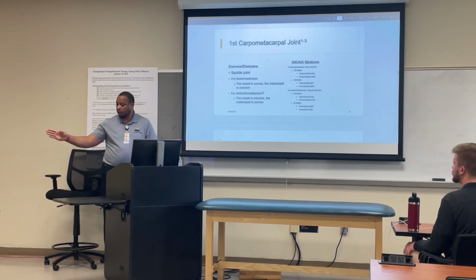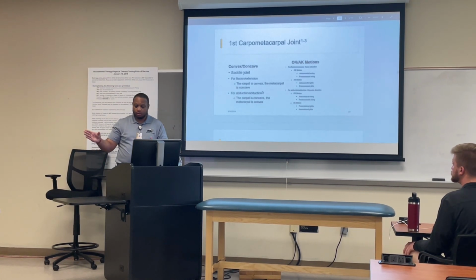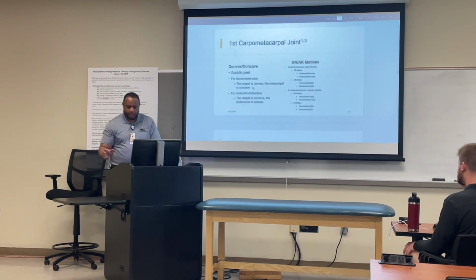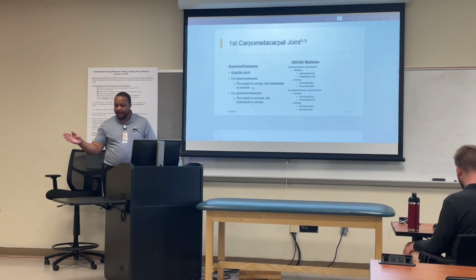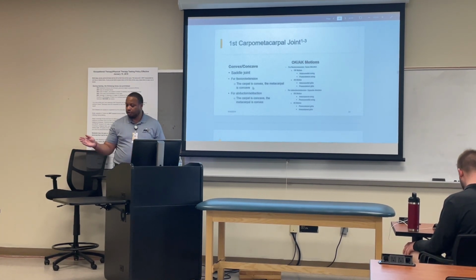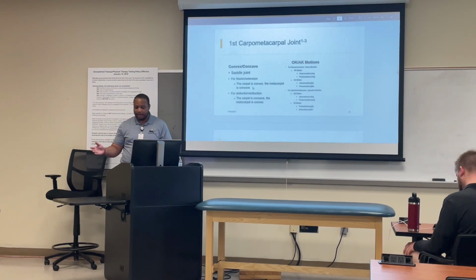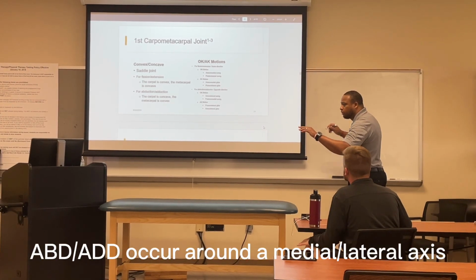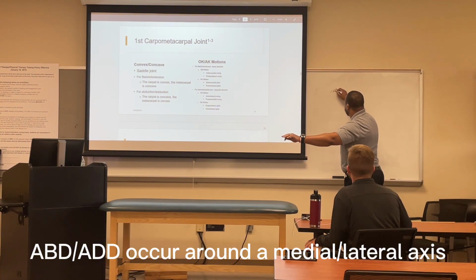So with abduction, the swing is going to be a lateral swing in a sense, or an anterior lateral swing and roll with a posterior lateral glide or slide. And then with adduction, you get a posterior medial swing and roll with an anterior lateral glide, or you can say lateral glide. Abduction and adduction occur on the medial lateral axis.